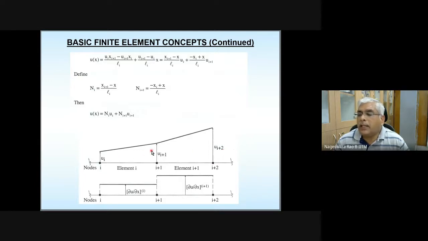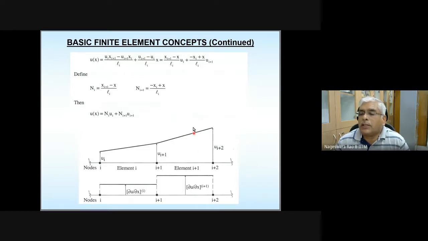In between, in this element i, it's going to have linear variation, and in this i plus 1th element also it's going to have linear variation. Only thing is the slope may be different. So if u is like a displacement, u is going to be piecewise linear, in the sense this is one piece and this is one piece.